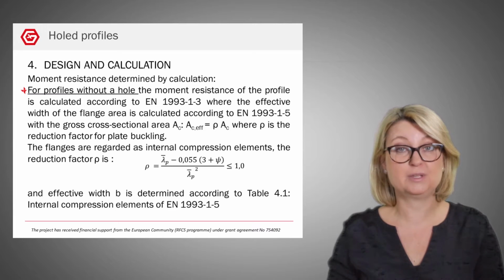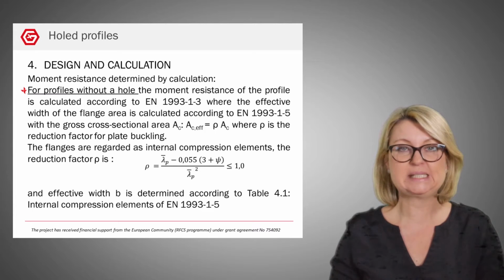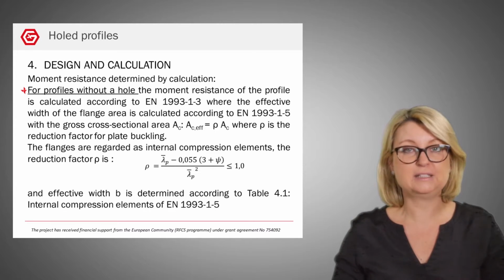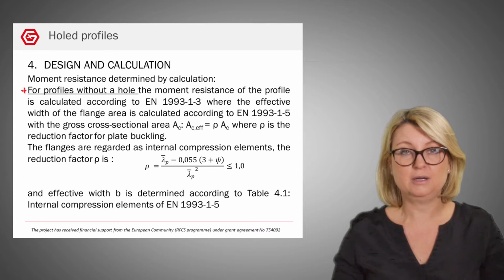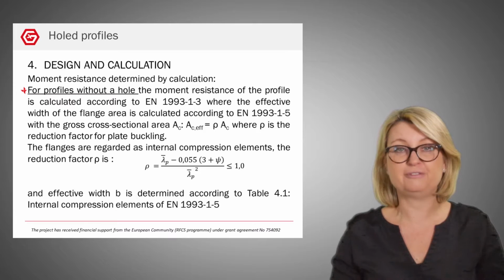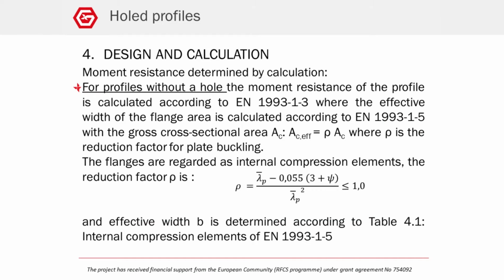For the profiles without a hole, the moment resistance was calculated according to Eurocode 3 part 1-3, and the effective width of the flange area was calculated according to Eurocode 3 part 1-5. This standard stipulates that the effective cross-sectional area, Aeff, is defined as follows.